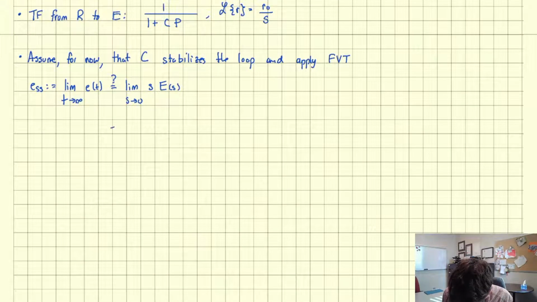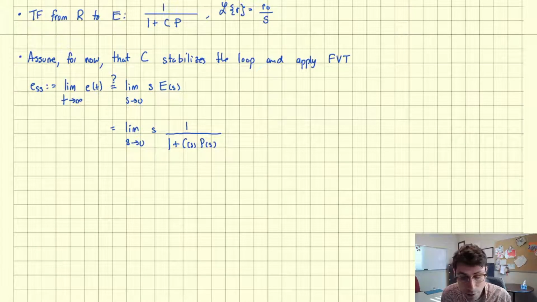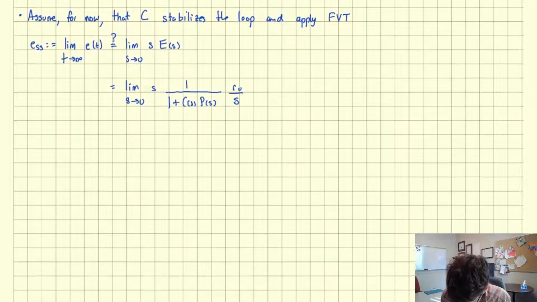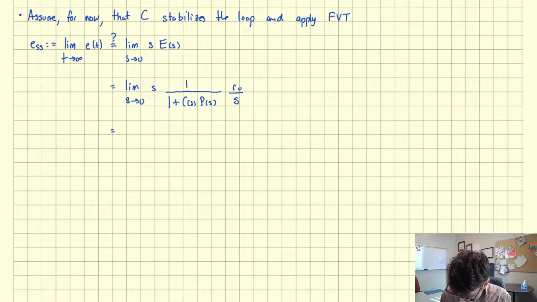Okay, so let's go through the calculations. Limit as s goes to 0 of s times, there's our transfer function, and there's the Laplace transform of the reference. I'll pull the R0 out of the limit because the limit doesn't depend on R0.